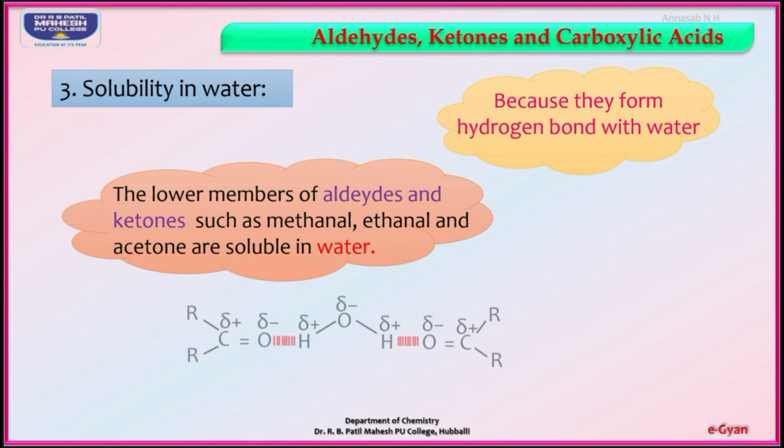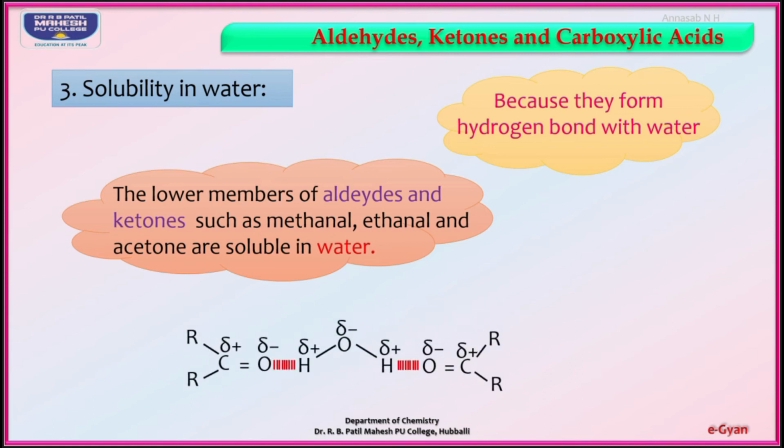So aldehydes and ketones with lower molecular masses can form hydrogen bonding with water. In R C double bond O, the oxygen atom of the carbonyl group of aldehyde or ketone forms hydrogen bonding with water molecule H2O.